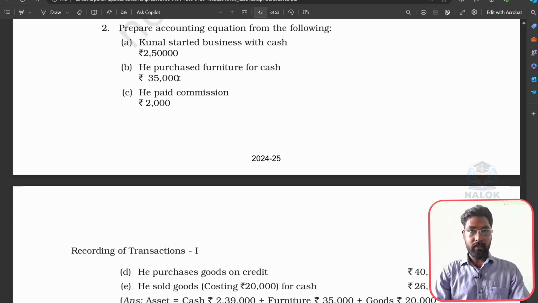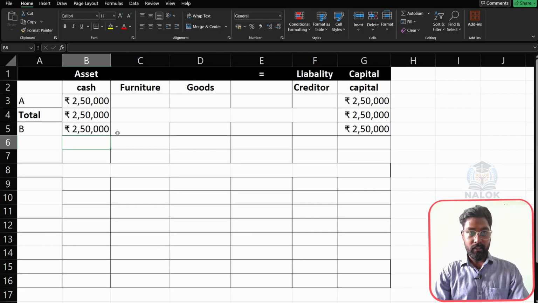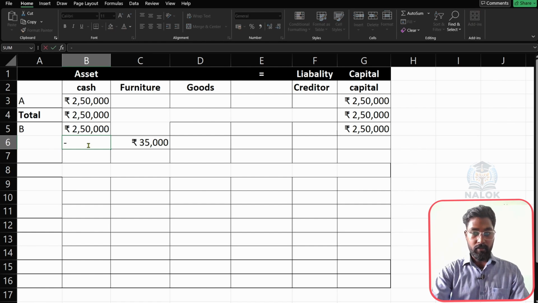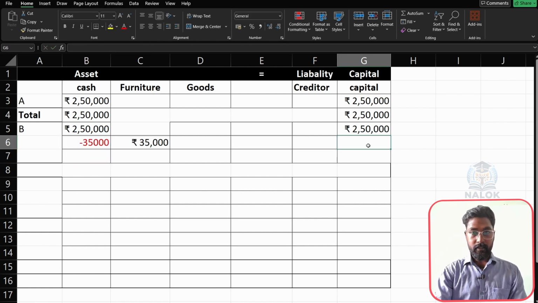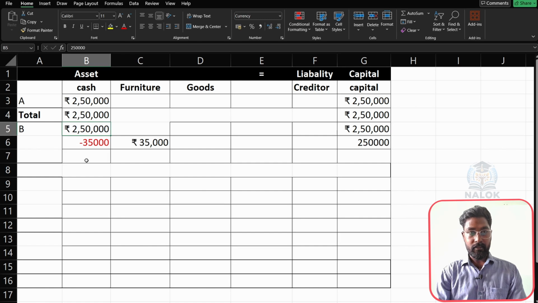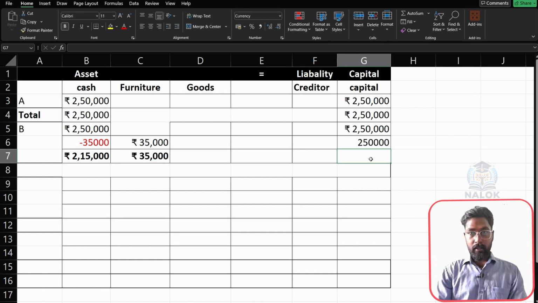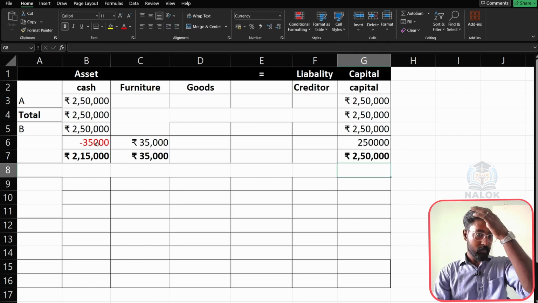He's paying 35,000 to a furniture seller and buying furniture out of cash. The furniture account increases by 35,000, and the cash account decreases by 35,000 because he's paying out of cash. The capital is still the same. 2,50,000 minus 35,000 is 2,15,000, furniture is 35,000, and capital is 2,50,000. This is the total.